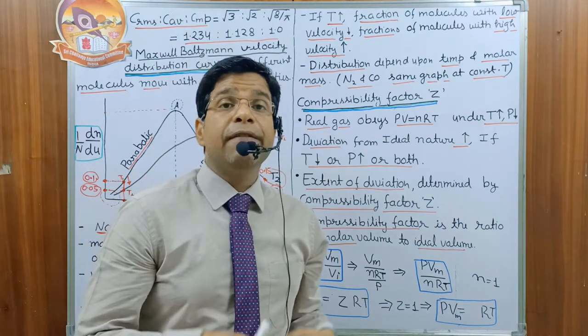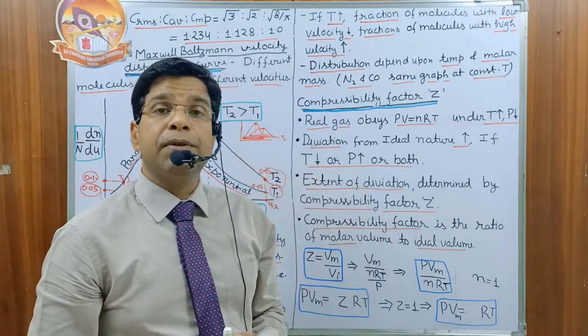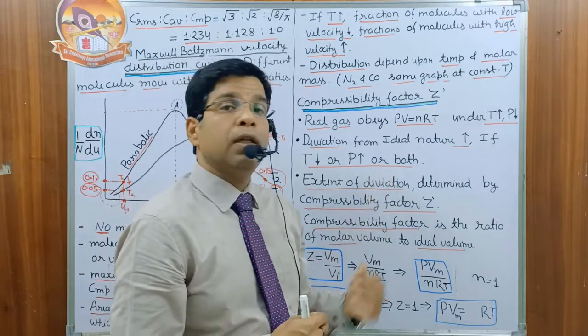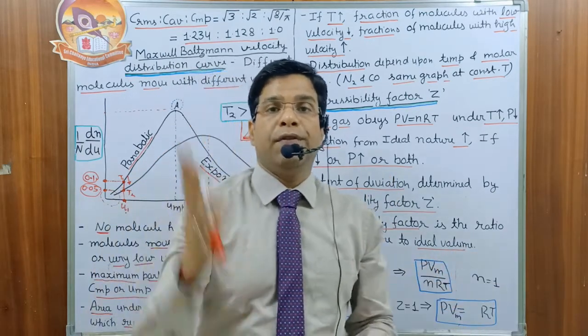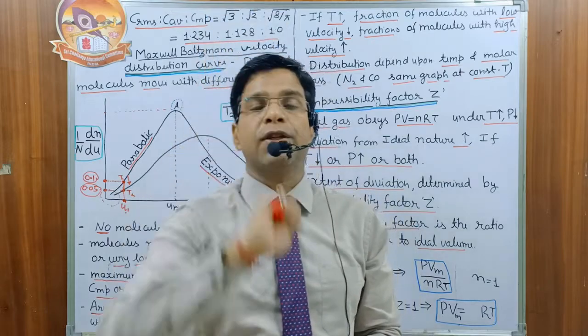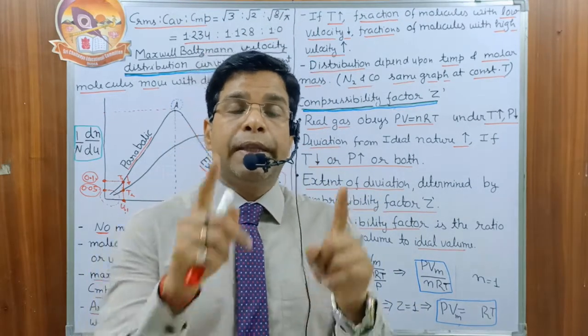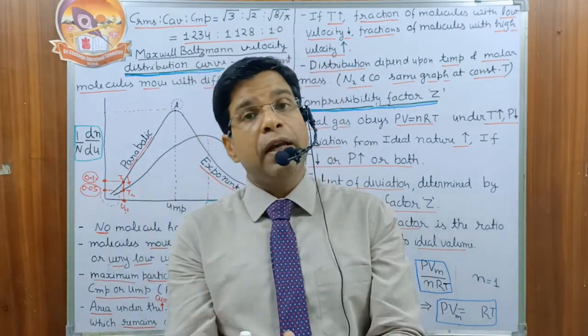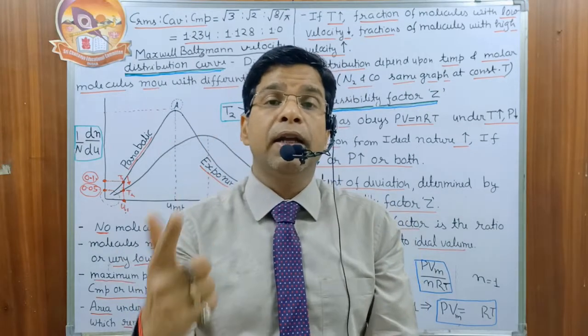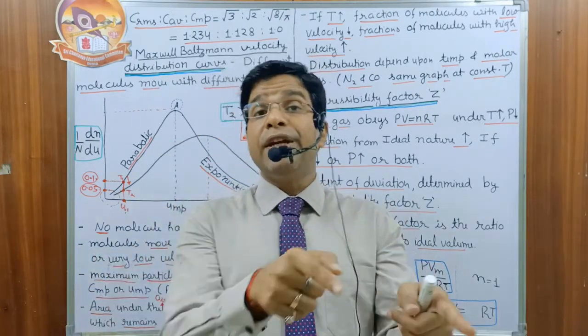But if we decrease the temperature, or if we increase the pressure, or both at the same time, then under such conditions real gases don't obey the ideal gas equation. They deviate from the ideal behavior.